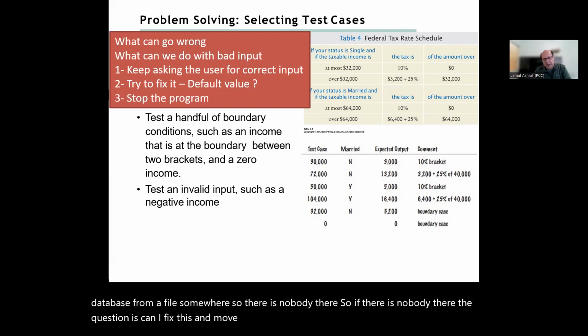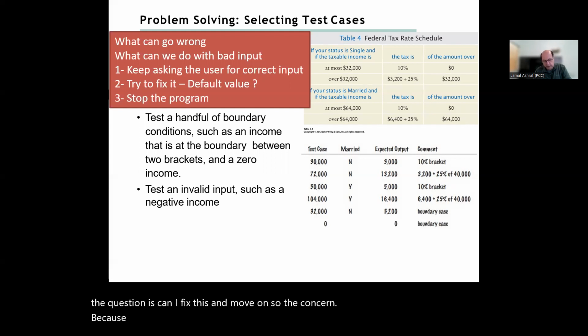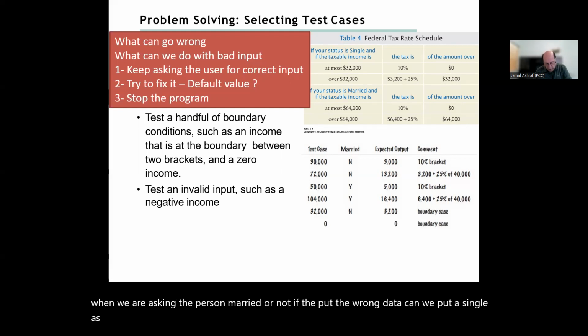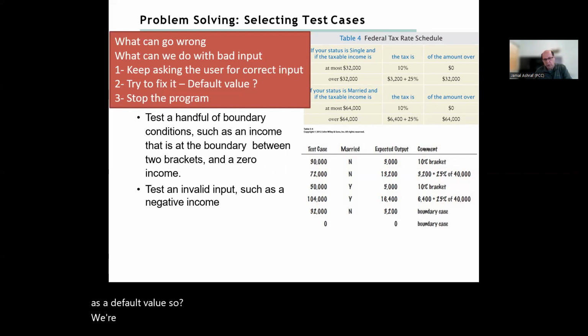The concern is, I don't want to shut down the program. Can I move on? So for example, in this case, when we are asking the person if they are married or not, if they put wrong data, can we put single as a default value? So we're going to ask if you are married, and if the person says yes, we take it.